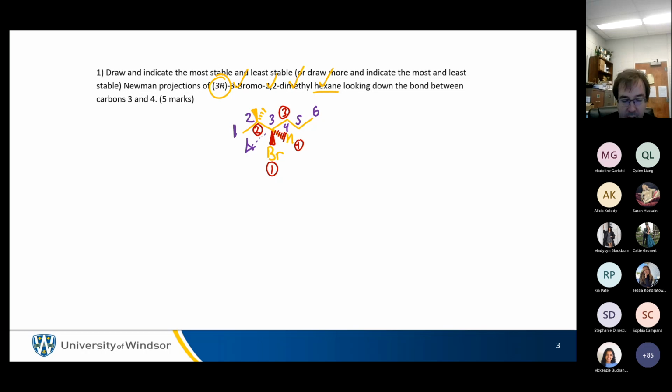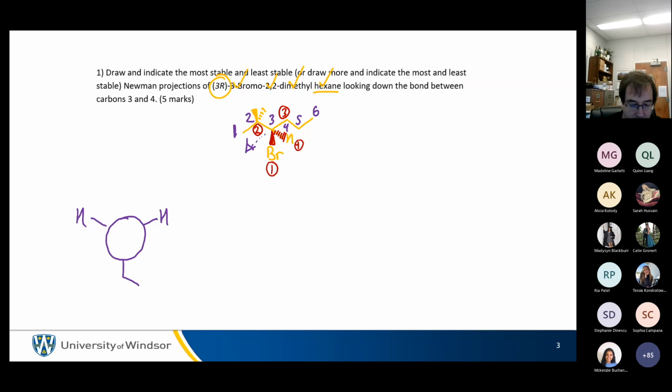I didn't give directionality. I'm looking down 3 to 4. If I do that and I draw my Newman projection, and I'm looking down that bond, the thing I am looking at behind the bond on carbon 4 is an ethyl group sticking down, and I'm going to see 2 hydrogens because there's nothing else on that carbon.